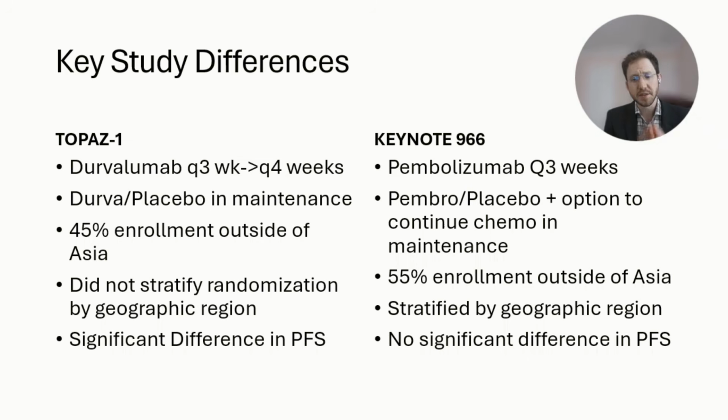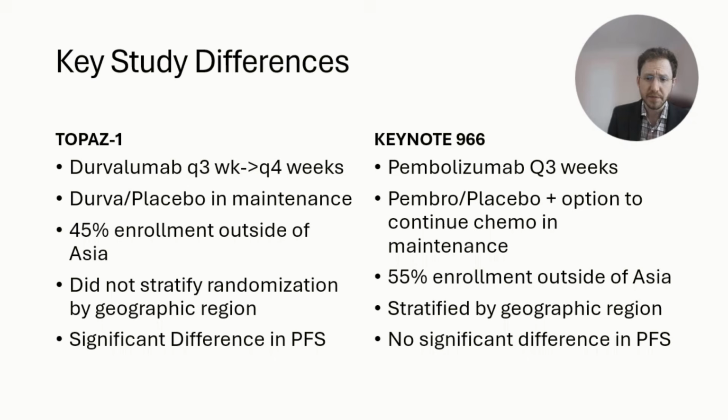There was some criticism or speculation, I should say, when the data came out regarding this, since sometimes chemotherapy would be continued in that maintenance setting. So KEYNOTE-966 structured it in a way where investigators or primary providers managing patients on that study had the option to continue chemotherapy in that maintenance setting in addition to the pembrolizumab or placebo.